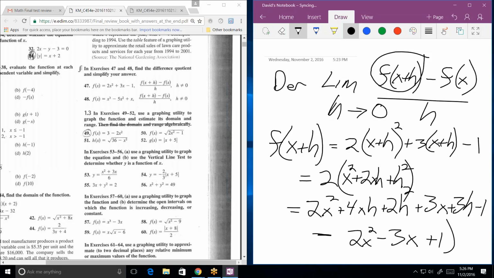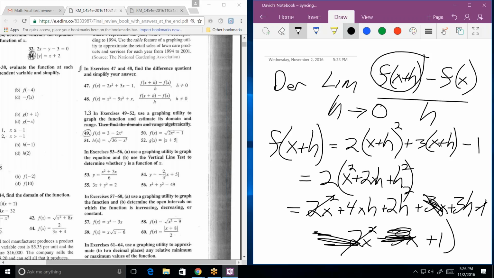Now, what always happens on these, every single time, is that every term in this, the entire numerator, that does not have an h in it cancels. In other words, the 2x squared cancels with the negative 2x squared. The 3x cancels with the negative 3x.